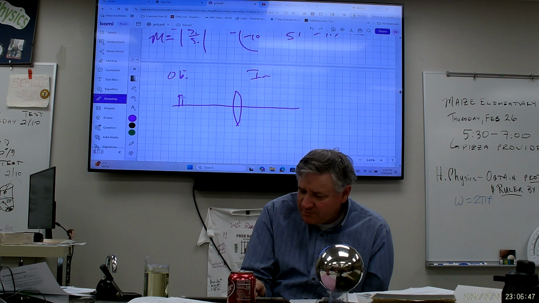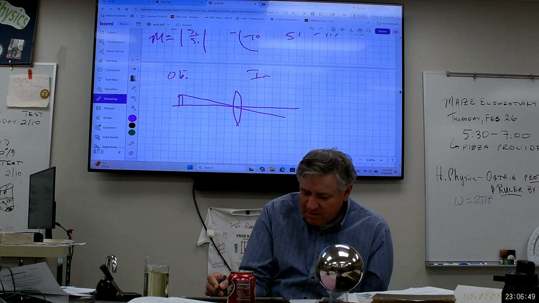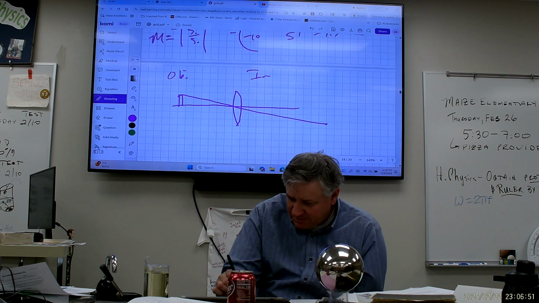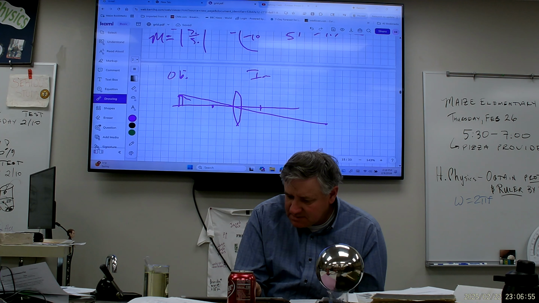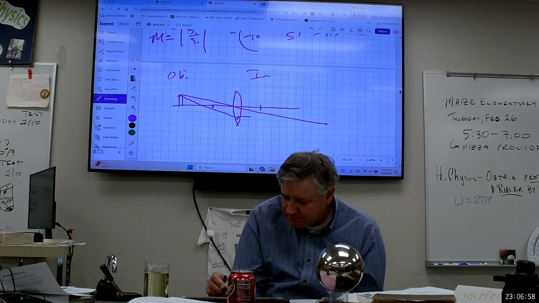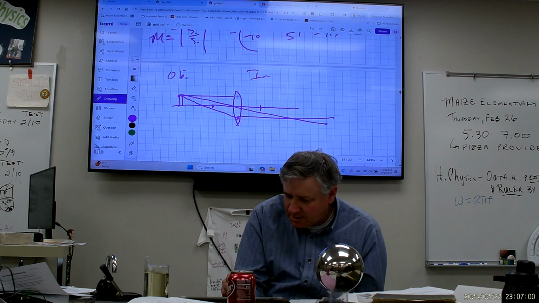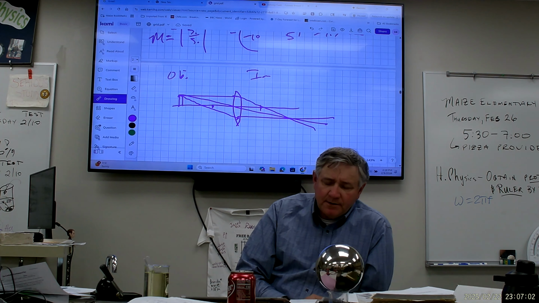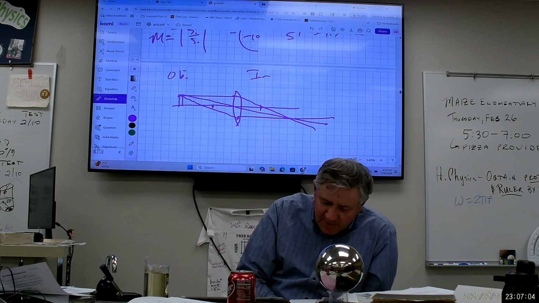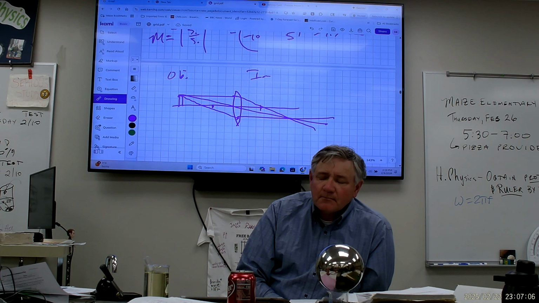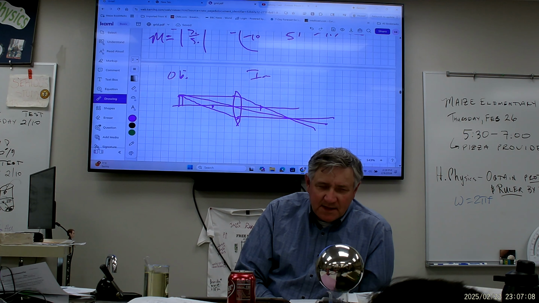You've got your three primary ray diagrams, one going through the middle. You have a focal length of 4, which puts it about here. So you got this one coming through like this. This one going parallel.